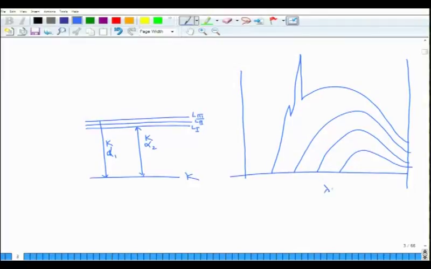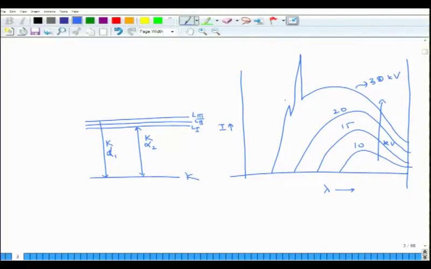So this is lambda, this is intensity of radiation, and this is kV increasing. This could be, let us say, at 25 or 30 kV, and this could be at 20 kV, and so on. So what you have here is 15, 10, and if you have 5 it will be lower.